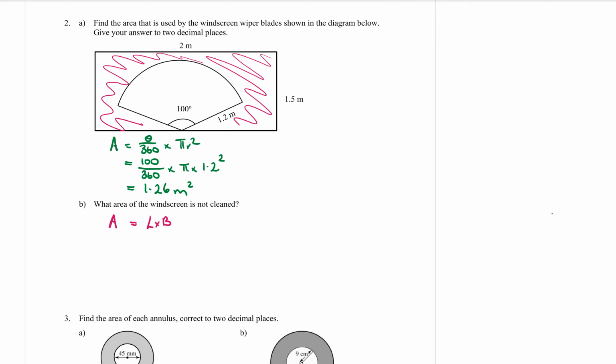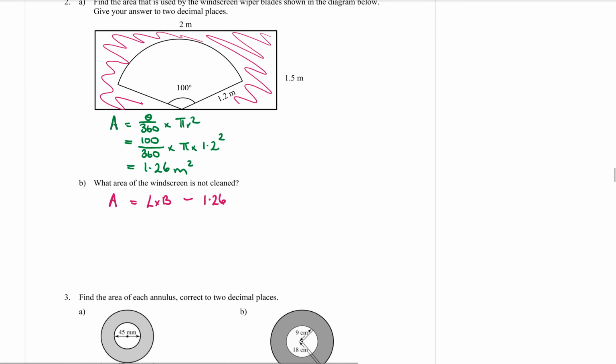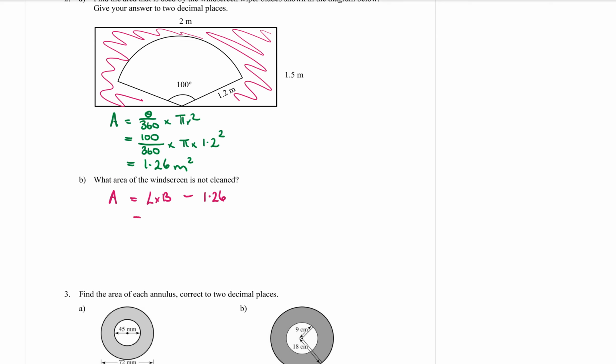And then I want to take away the area of my sector. Now I don't want to have to calculate that again. I already know that that's 1.26. Now subbing in for the area of my rectangle, the length is 2 and the breadth is 1.5, and subtract off my sector.